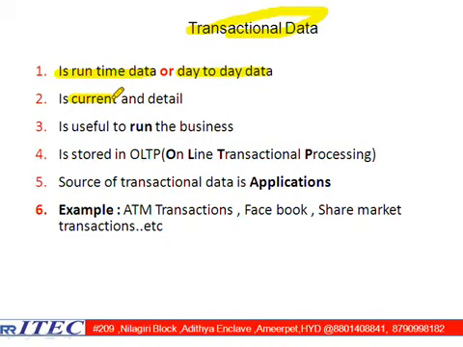At that point of time, immediately the $20,000 available balance column value will be replaced with $19,000, or not? That means immediately that is reflecting. That is the reason it is called current data.